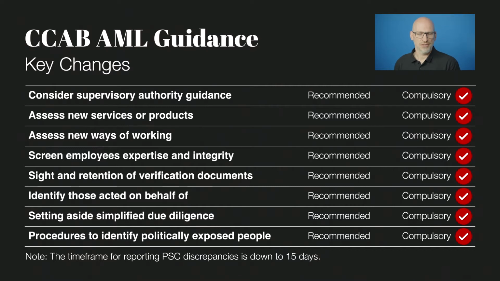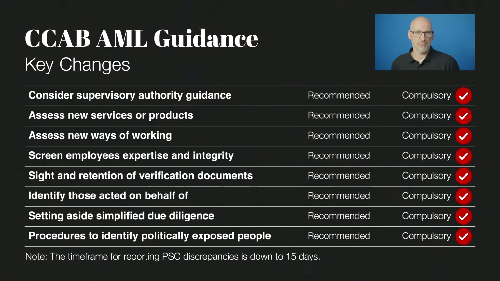And I think we'll go into a bit more of the detail of what some of these things are as we go through the session today. But that one that caught my eye about supervisory authority guidance being a requisite is quite interesting, because actually this CCAB AML guidance document, it's 137 pages long, so it's no short piece of work to digest, but your responsibilities don't stop there.